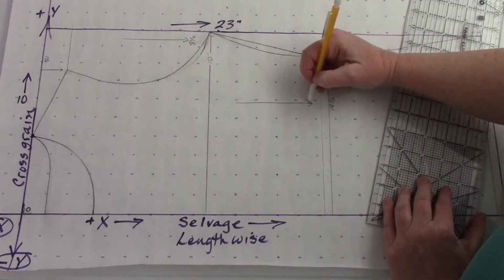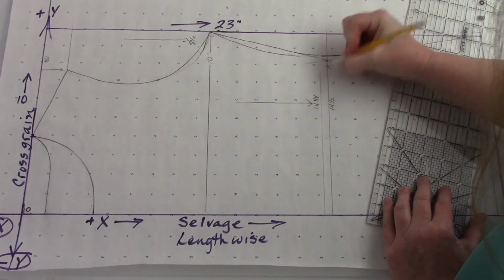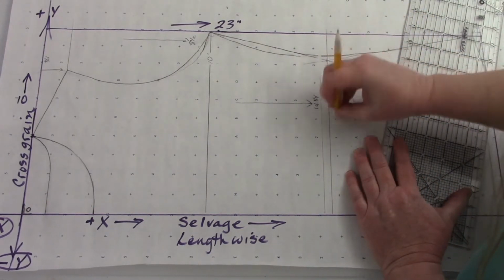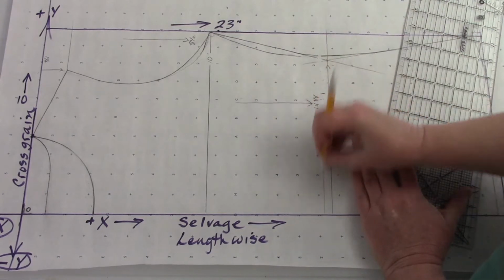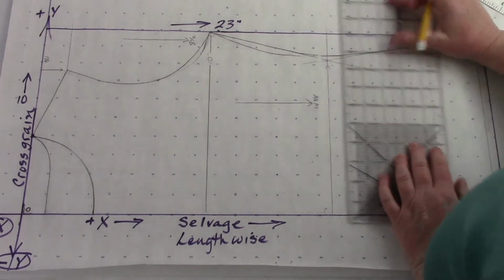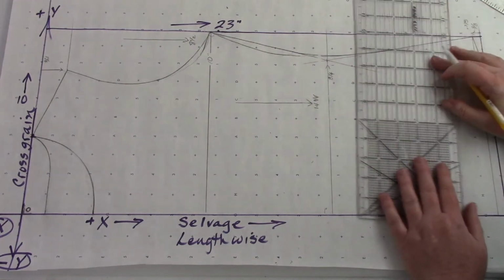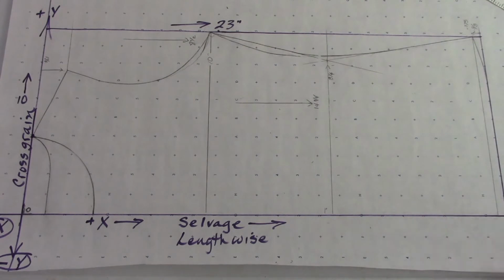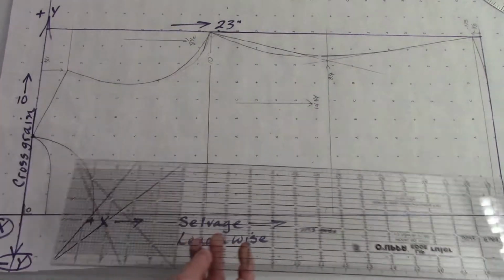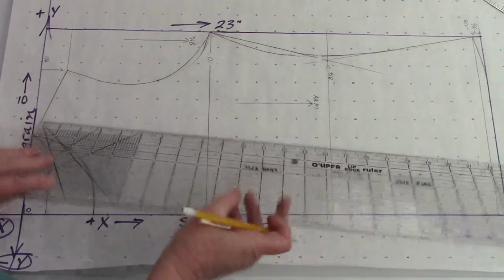So my distance down, I'm going to move this back up to 14.5, and my distance to here is 8.25. So I'm giving myself all of the marks that I need to be able to make it in the computer, all of the numbers.